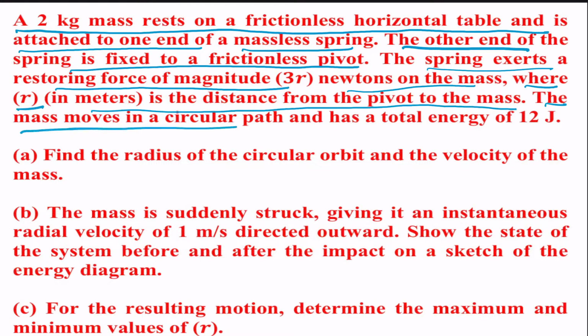The mass moves in a circular orbit and has a total energy of 12 joules. Okay, so our total energy is given to us, and we are also going to find out these parts.